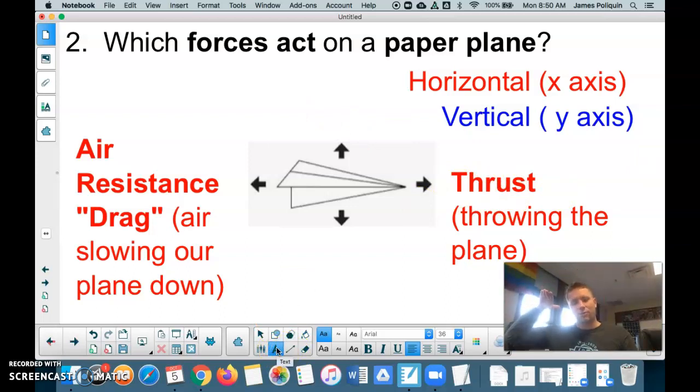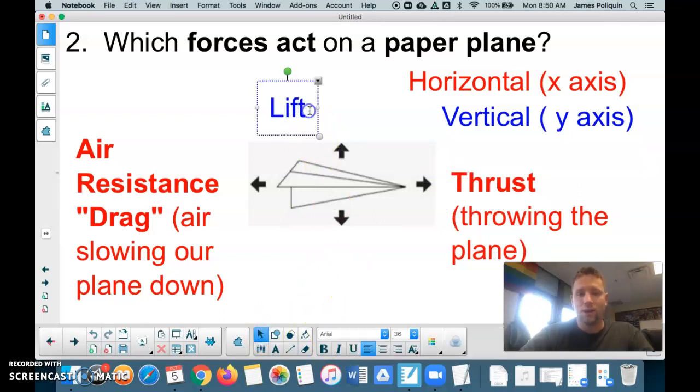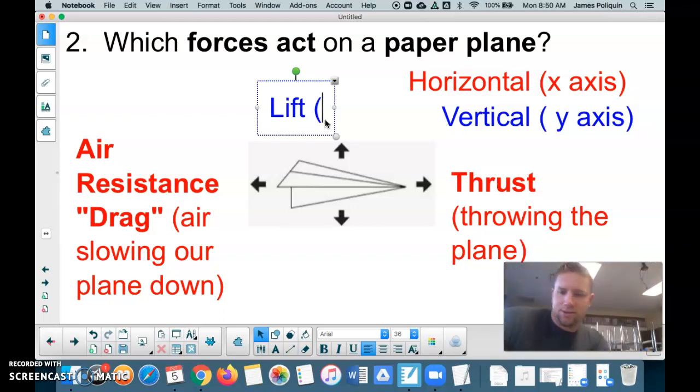Once your plane is thrown, how does it stay in the air? Well, that force is called lift. Lift occurs pretty much as you throw your plane. There's air. So you have your plane, you have your wings.